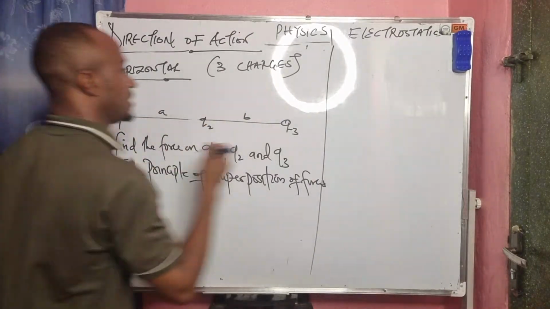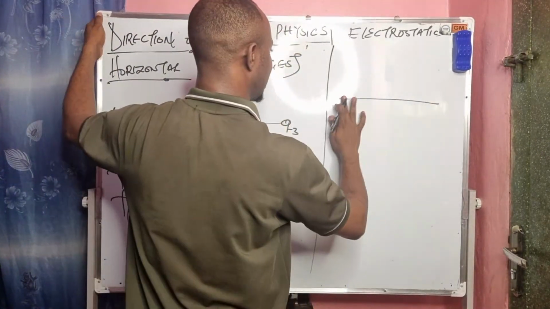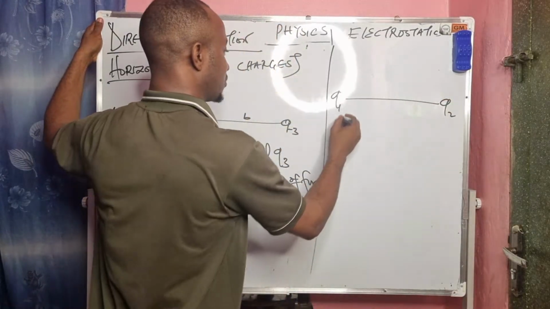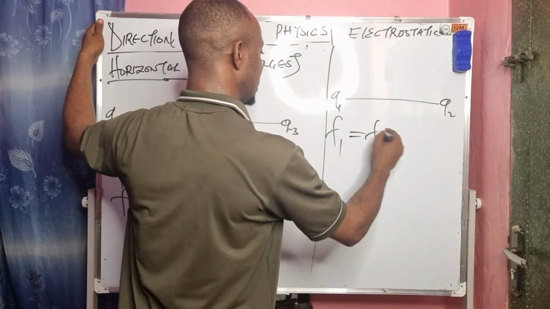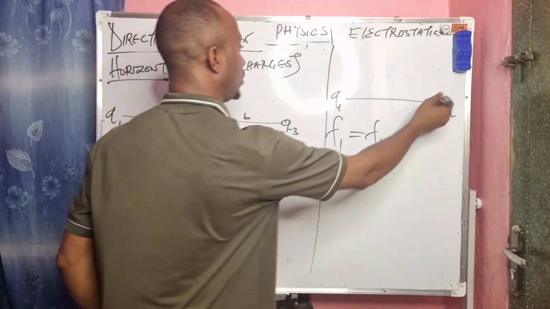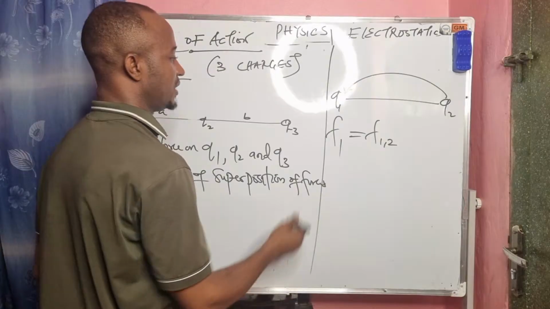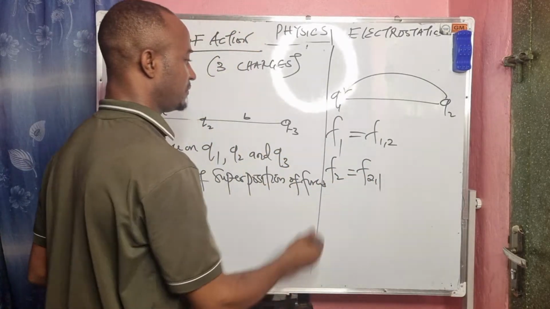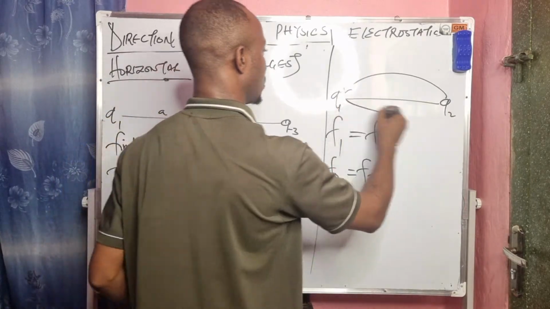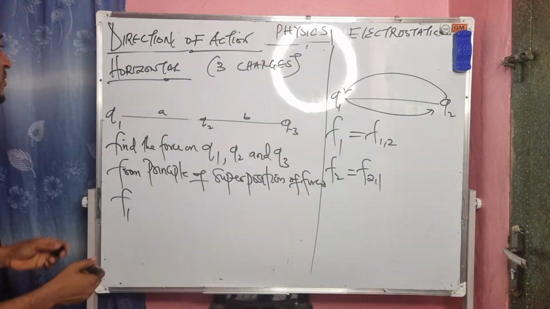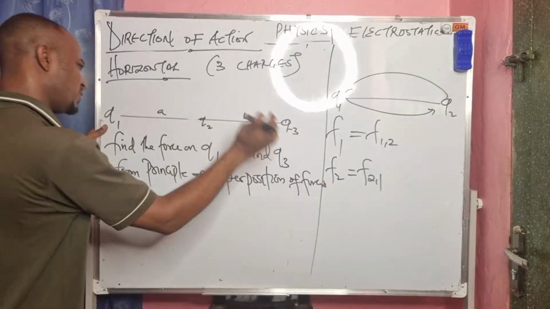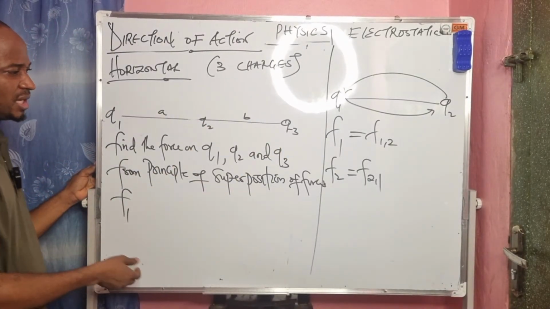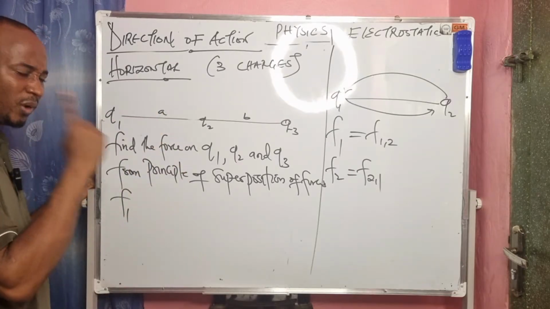If I have 2 charges, Q1 and Q2, and I'm to find F1, F1 means F12, meaning from 2 to 1. If I have F2, F2 means F21, meaning from 1 to 2. But in this case, we have Q1, Q2, and Q3, and we have to find F1, the force acting on charge 1.